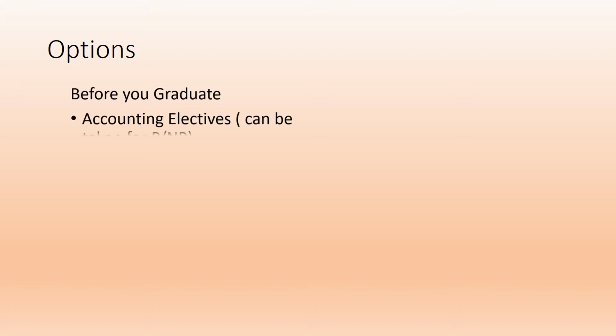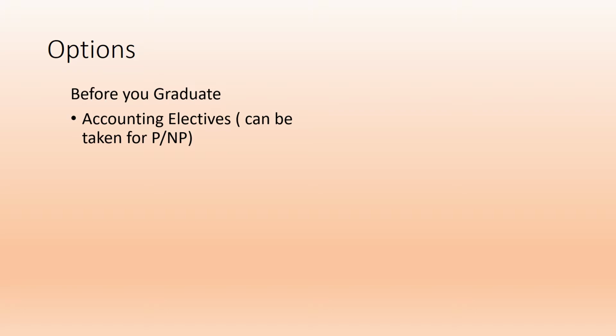So because you're not going to be done with the courses before you graduate, if you only do ISIB and the accounting minor, we're going to provide you with some options for you to be able to fulfill this. Before you graduate, you actually have the option of taking accounting electives during the school year and during the summer.